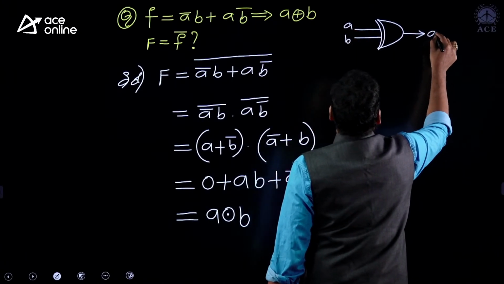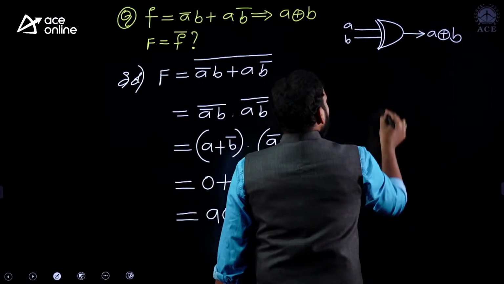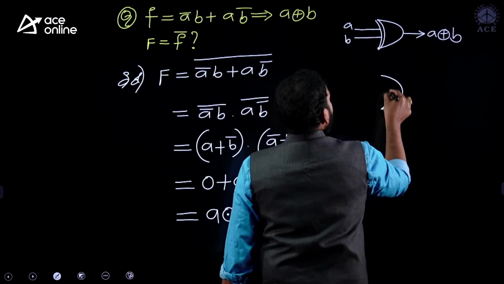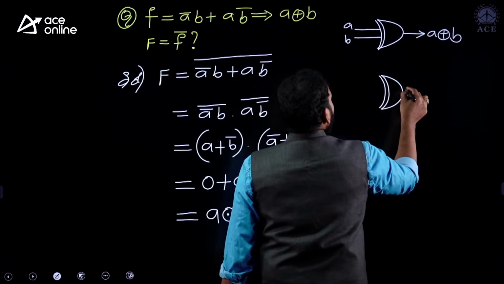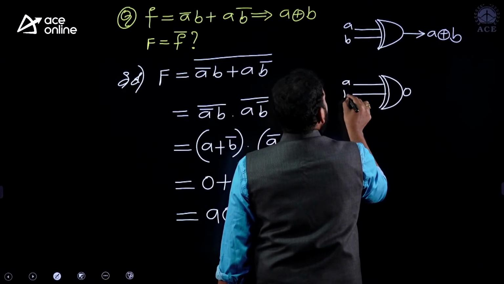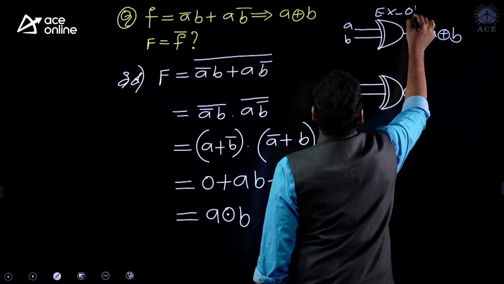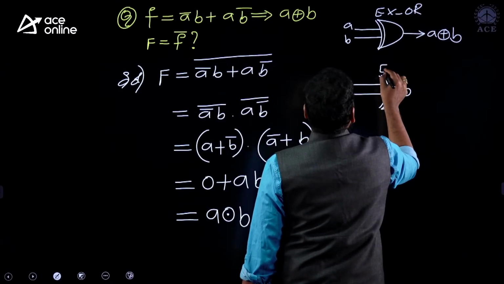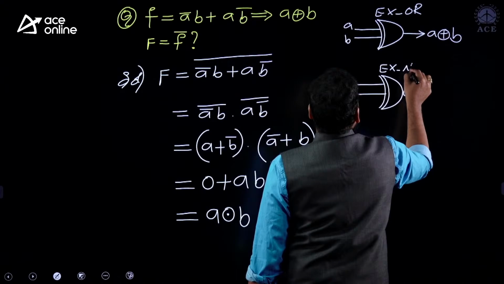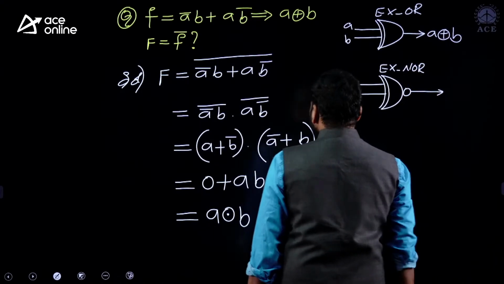I am writing the symbolic representation, and this is an exclusive OR gate with the bubble. You know well, this is an exclusive NOR gate. Exclusive OR and exclusive NOR. Right? What did you get?